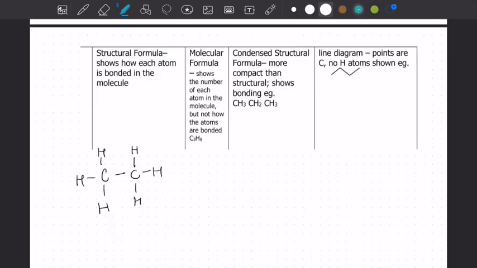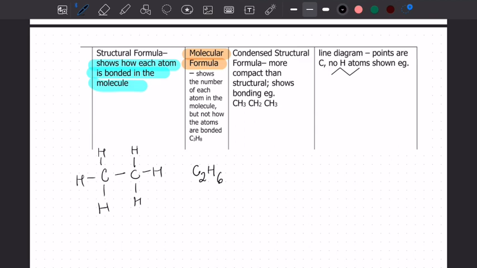At this point, it is a good idea to take a look at other representations of alkanes. So we have the structural formula, which shows the actual connection of the various atoms in the molecule. Another way of talking about this same molecule could be by using its molecular formula, which only shows the number of each kind of atom in the molecule, and does not show anything about how those atoms are bonded.